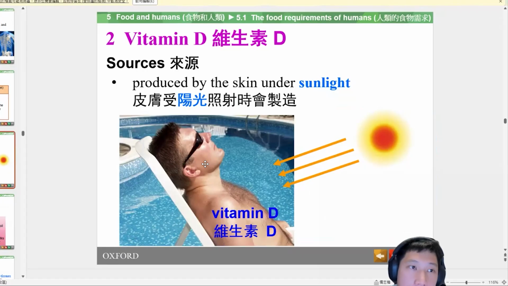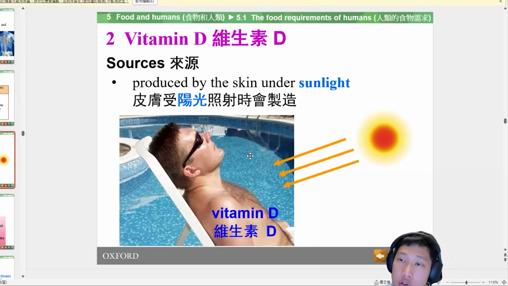Then how can we get sufficient vitamin D? The first thing is that you need sunlight. Vitamin D is produced by the skin under the sunlight. So if we shine more, then we can have more vitamin D. Of course, it is not recommended that you be exposed to sunlight for a long period of time because this may cause skin cancer.